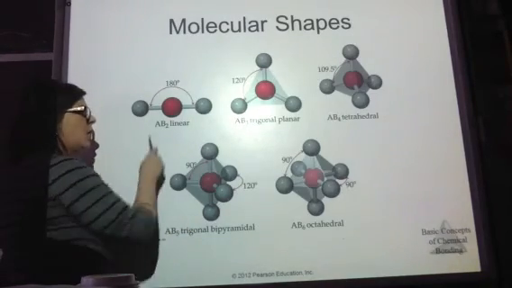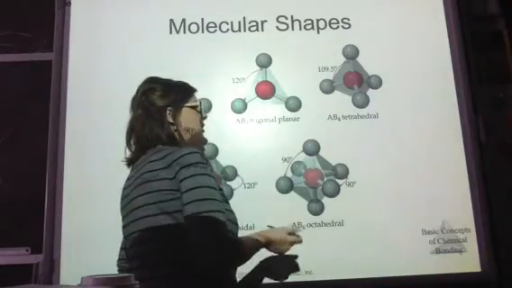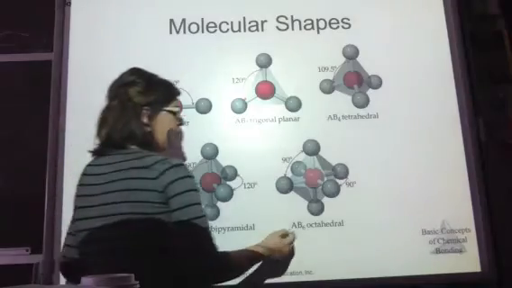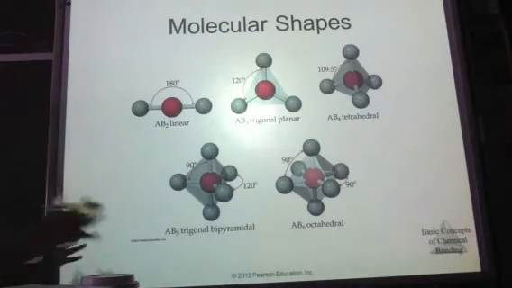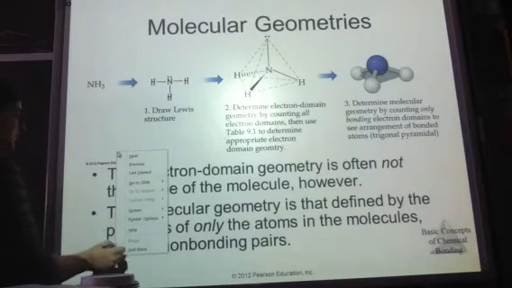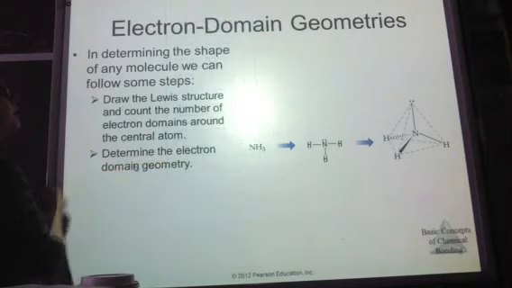You will need to know AB2 is associated with linear, AB3 is associated with trigonal planar, AB4 tetrahedral, AB5 trigonal bipyramidal, AB6 octahedral. So let's continue on with this. Guys, there's subcategories for each of these, which we're going to get into as well.